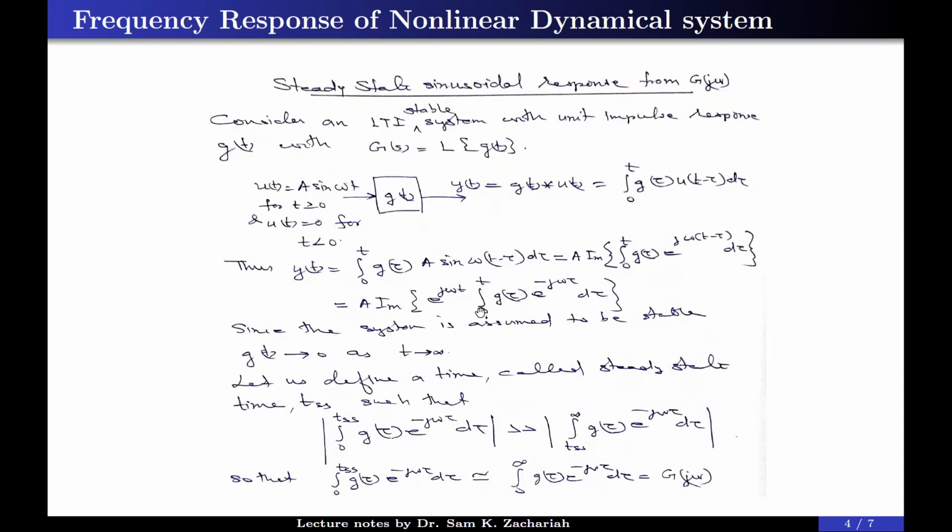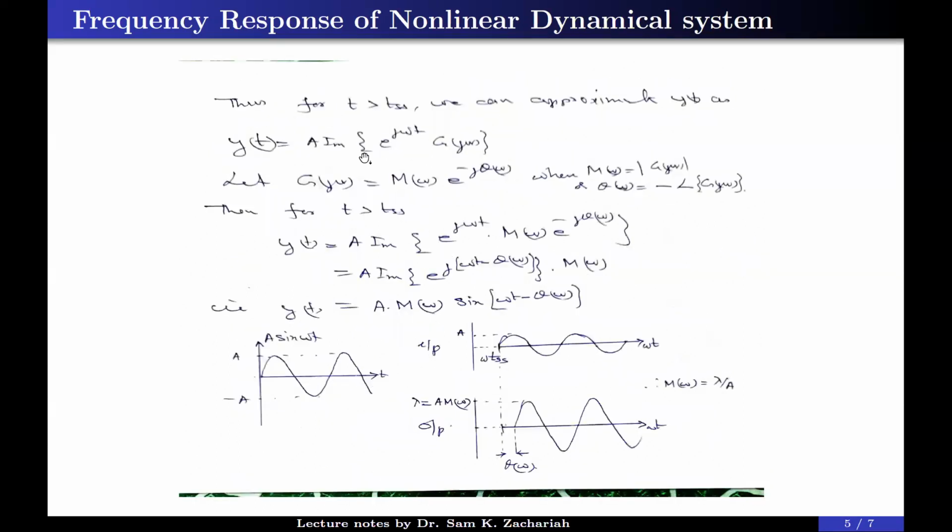If time t is greater than TSS, t can be replaced by infinity for all practical purposes, and hence the entire integral can be replaced by g of j omega. So I have substituted g of j omega for all t greater than TSS.